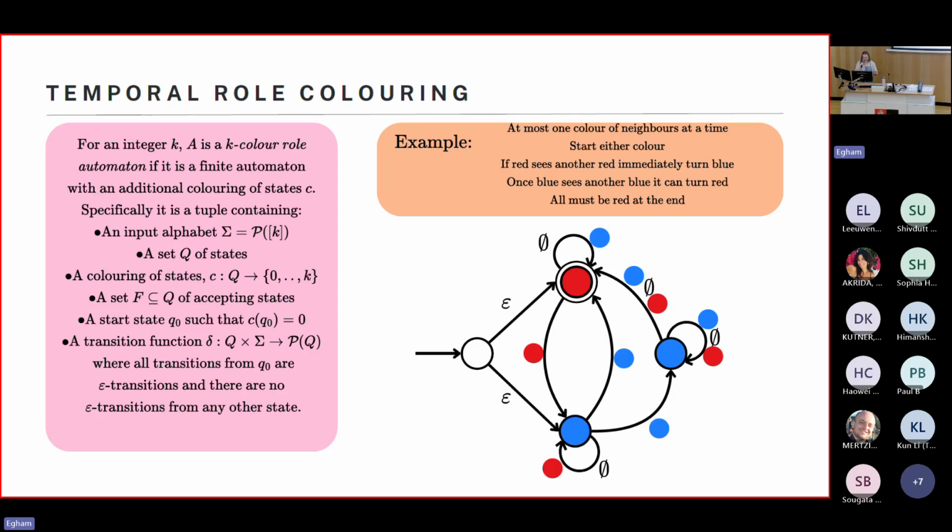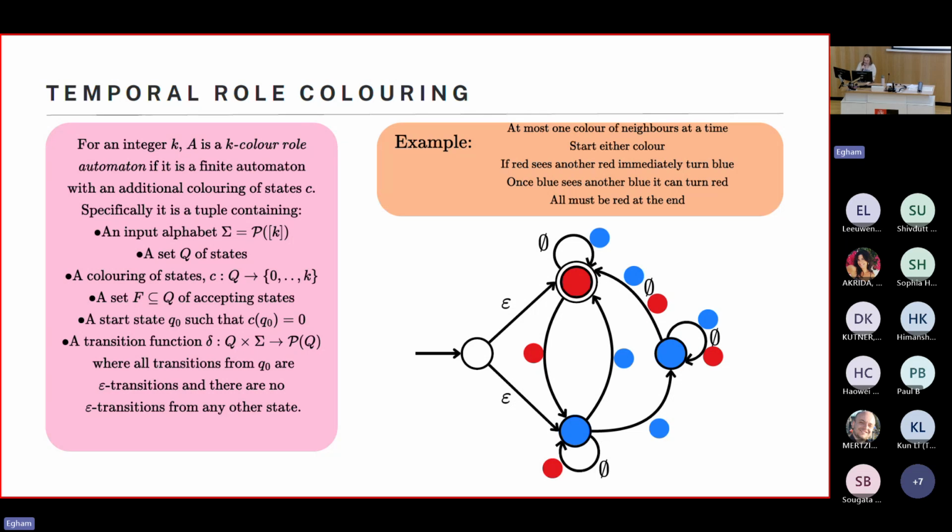And we want everything to be red at the end. And hopefully you convince yourselves, or I've helped a tiny bit, that this automaton does what these rules say. And so if something can be colored by this automaton, then it'll follow these rules.